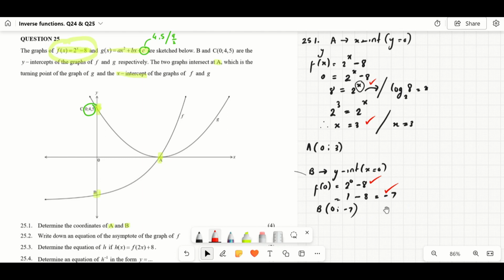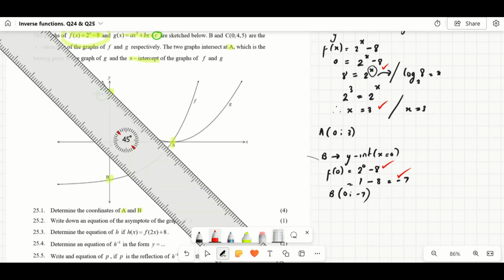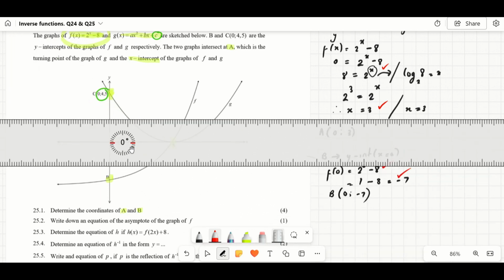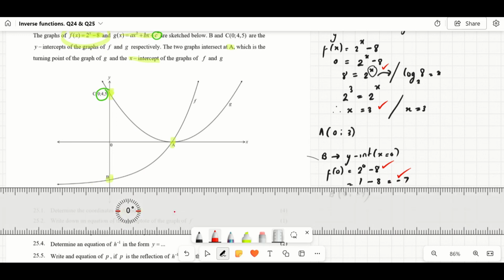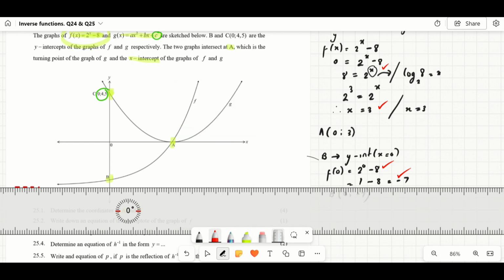Now write down the equation of the asymptote of f. f is an exponential graph. They didn't show it here, but it's actually there. If I use my ruler, the exponential graph for f has a horizontal asymptote here, and you can see the graph does not approach that line.